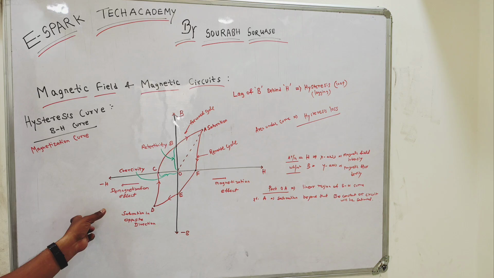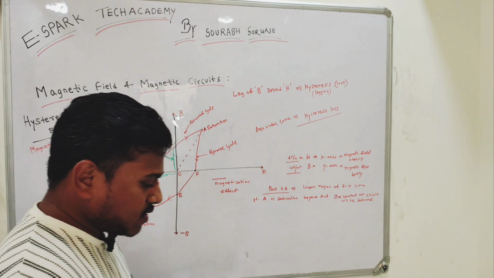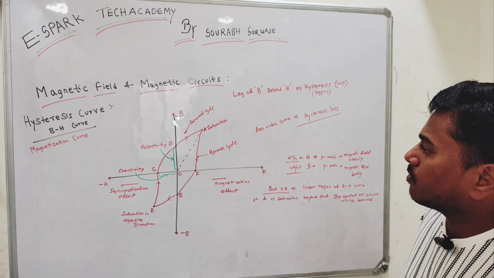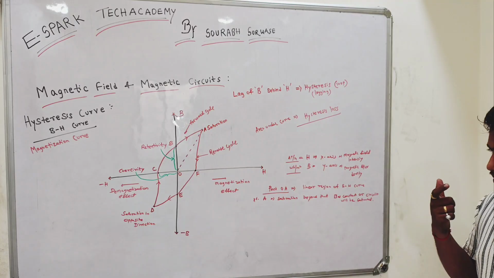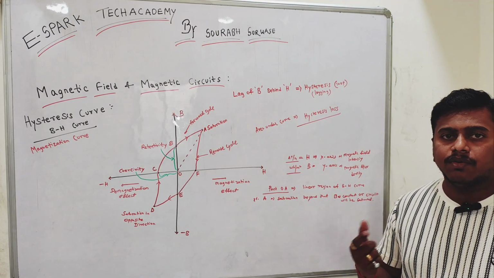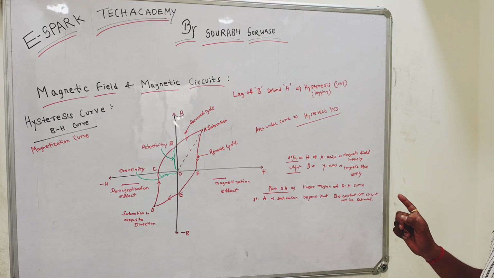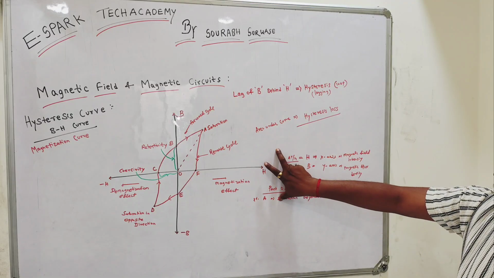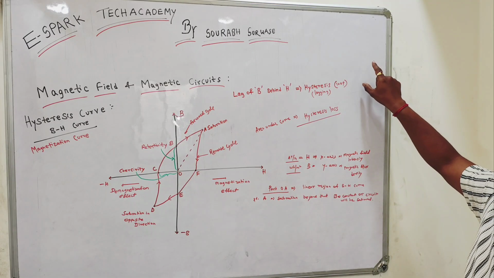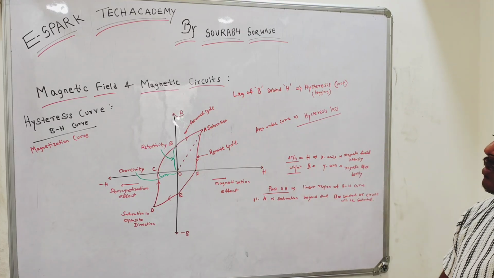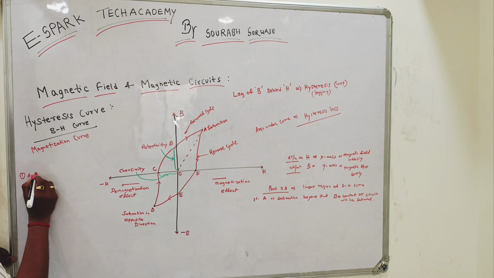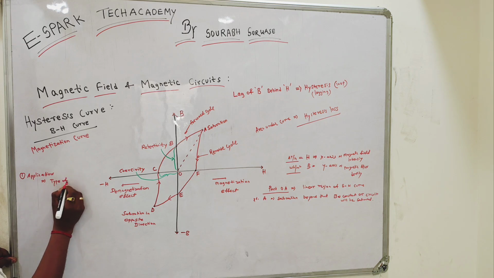Now, why we are doing so is that we are reversing the magnetic field in order to find out the characteristics of the substance, how the substance will act for forward and reverse H, meaning magnetic field intensity, so that depending on this BH curve, depending on the application, we are choosing the BH curve.